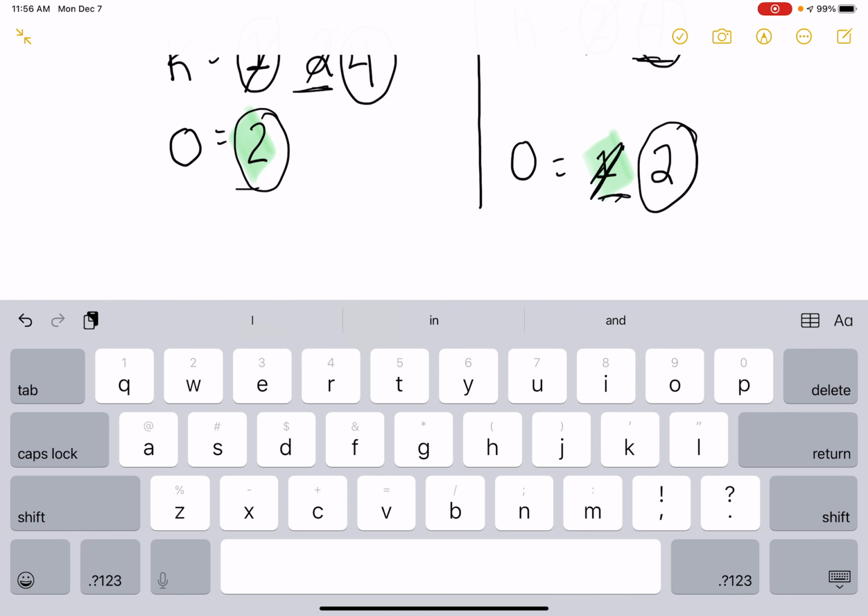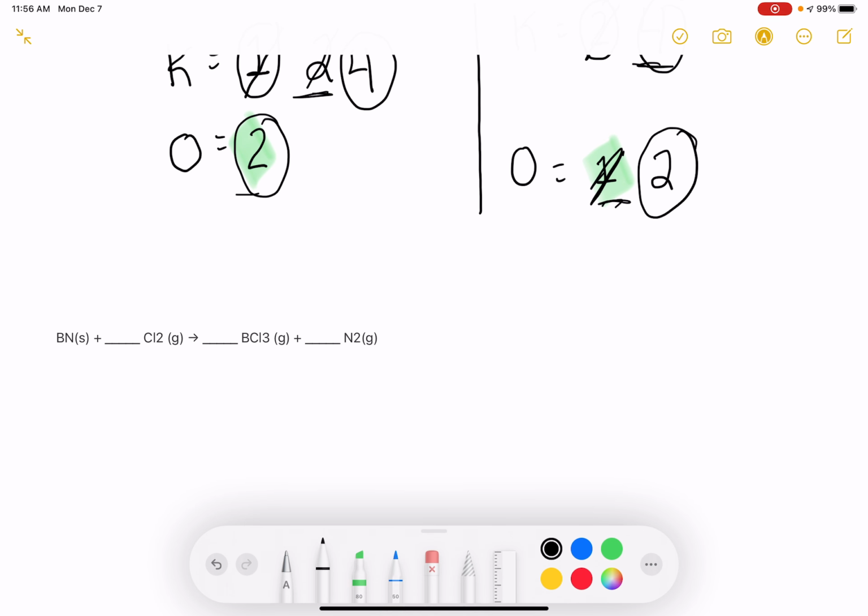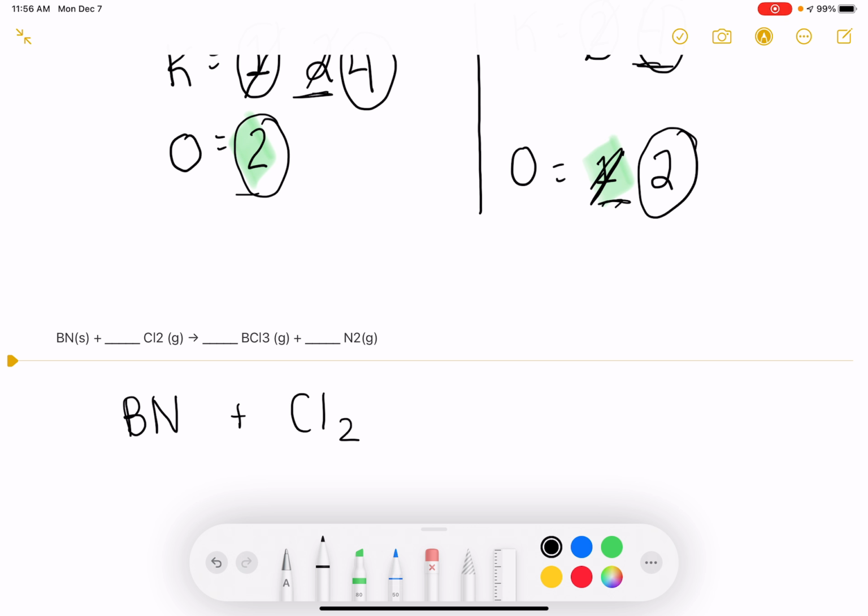Okay, so our question here, we've got BN plus Cl2 gives us BCl3 and N2.